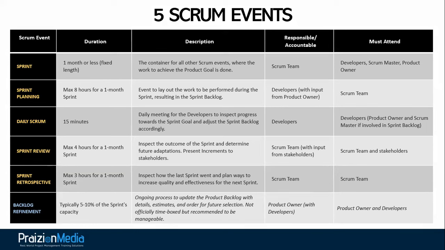Last but not least, we have the one that is not a mandatory event. But in PMI's book, the Agile Practice Guide, this is front and center, right? It is something you need to be aware of. So backlog refinement is typically 5 to 10% of the sprint's capacity. The ongoing process is to update the product backlog with detailed estimates and order for future selection.